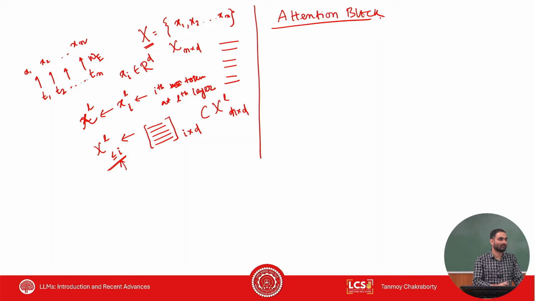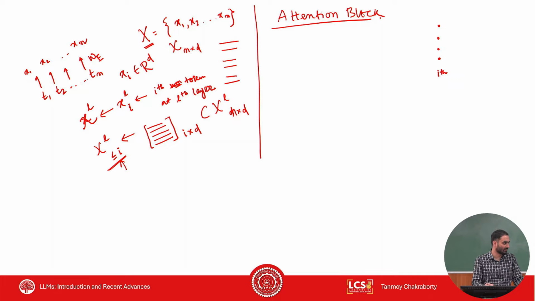Because remember, this is multi-headed attention. For every head, what is the head, by the way? Let's say this is attention at the ith position, right? There are multiple such heads, right? And the dimension of these heads can be different, right?